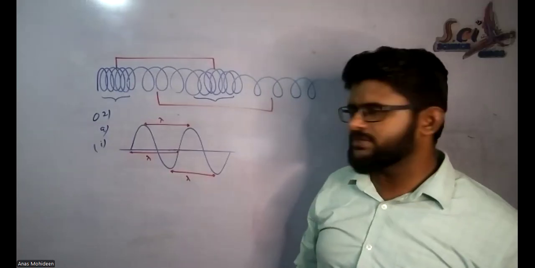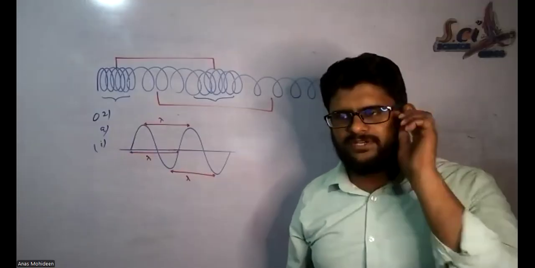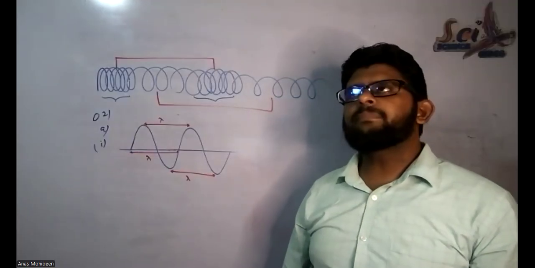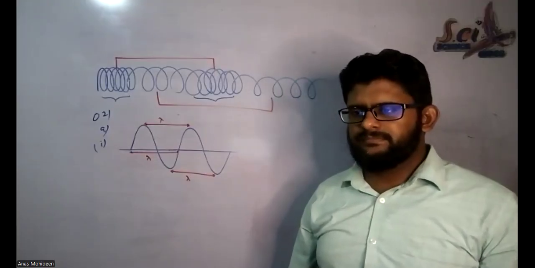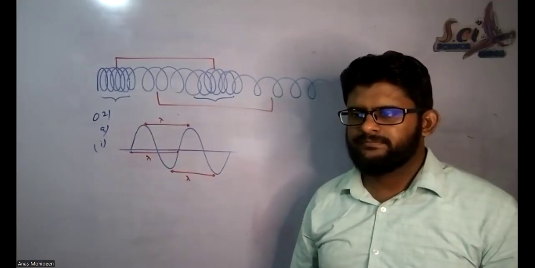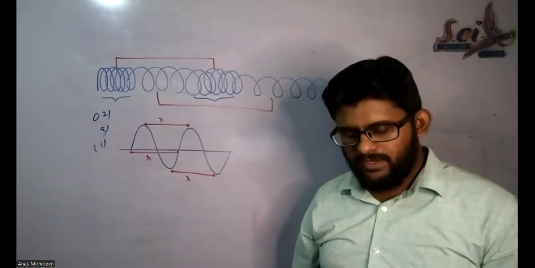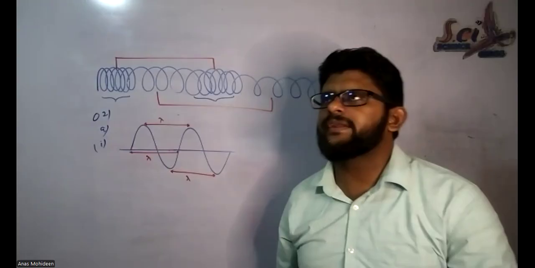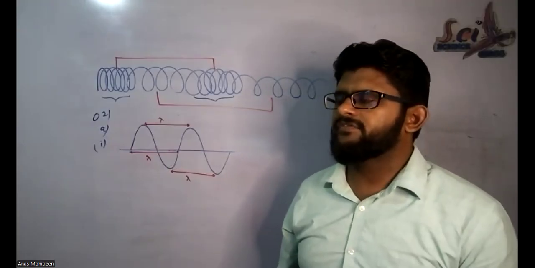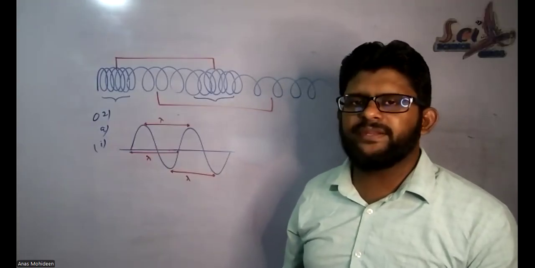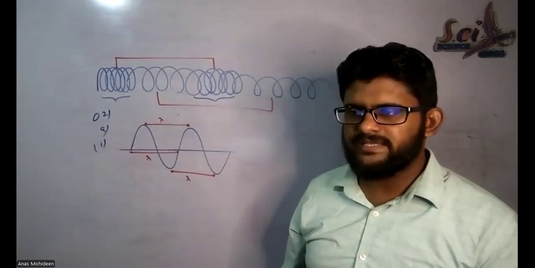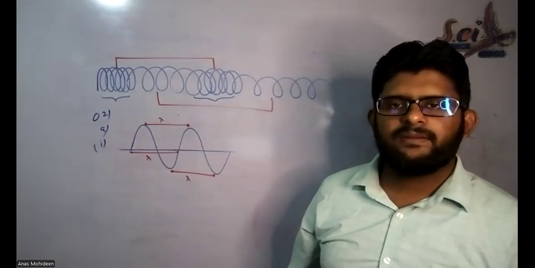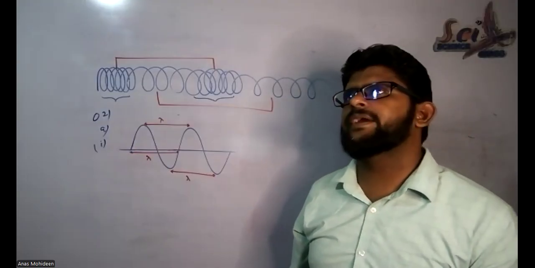So let's write there, question 2A, Roman number 2: number of compressions passing a point for a unit time.